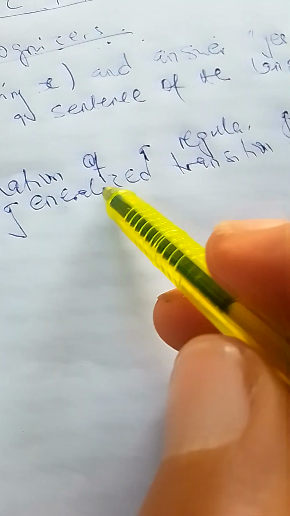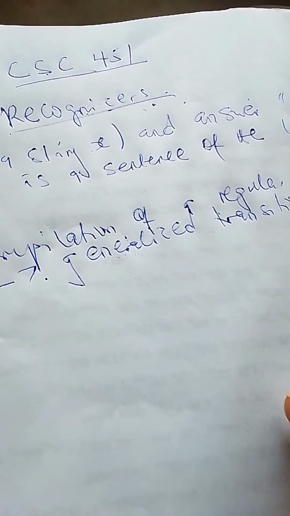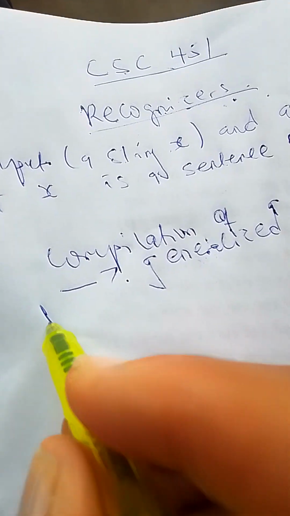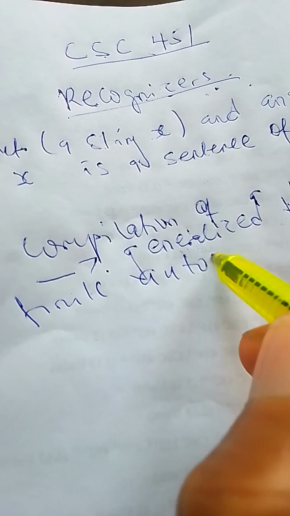So during compilation of a regular grammar, the recognizer constructs a generalized transition diagram, and this transition diagram is what we call a finite automaton.